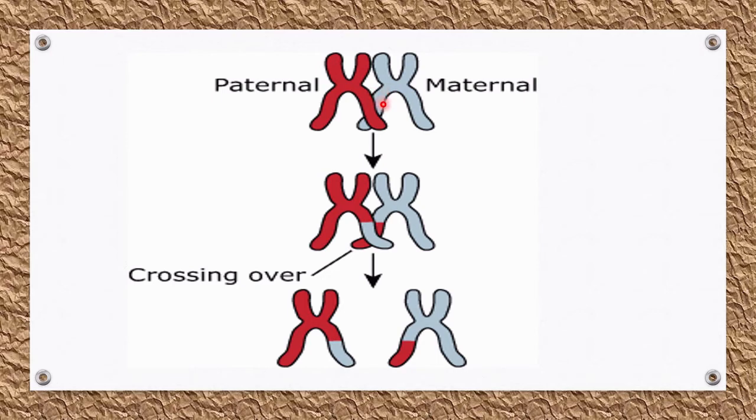The gray chromatid and the reddish chromatid are non-sister chromatids, whereas these two similar ones are called sister chromatids. So when they come together, you can see they will pair. The nearby chromatids, which are non-sister chromatids, not sister chromatids. Be very clear here. Crossing over occurs between non-sister chromatids.